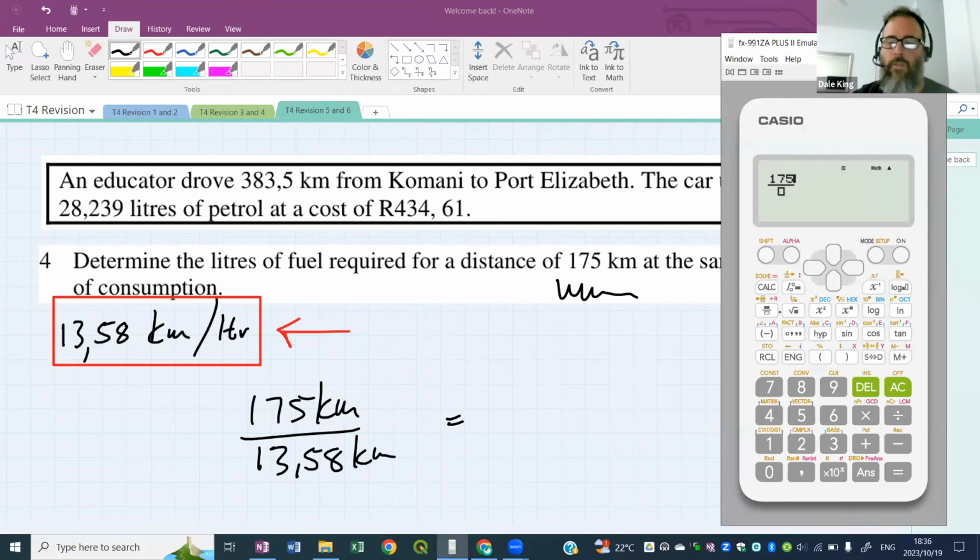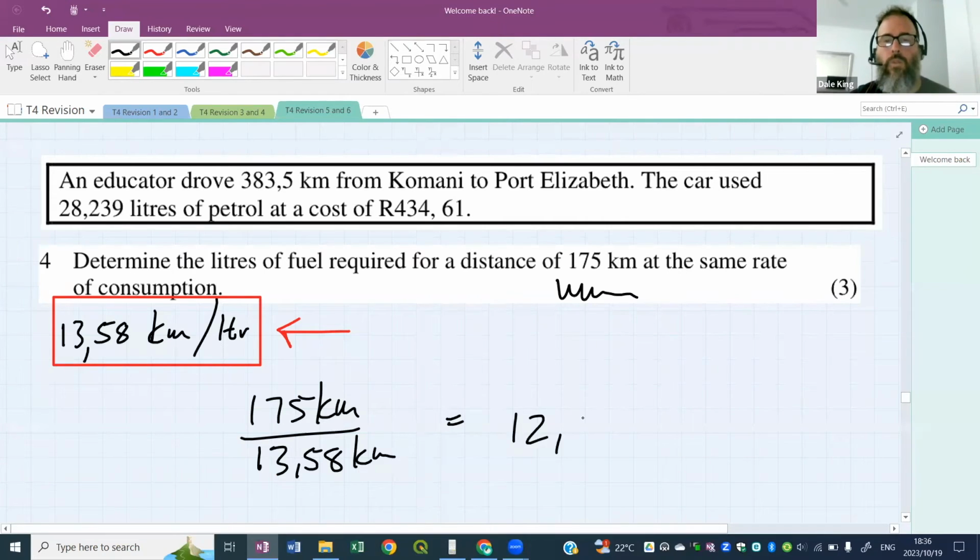So 175 divided by 13.58 gives me 12.88659. Think about it like this: 13.58 can go into 175, 12.88659 times, and every time we do it, it's 1 liter.